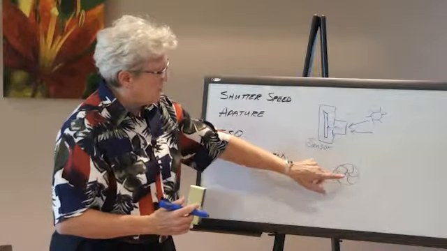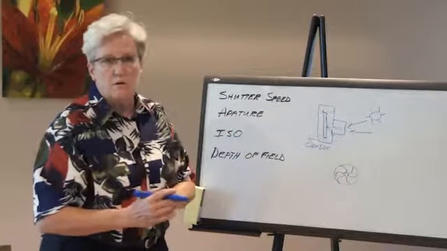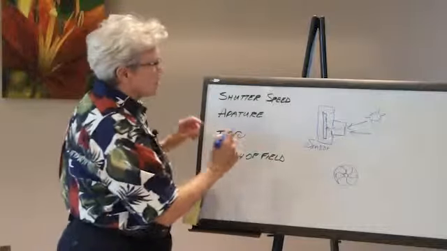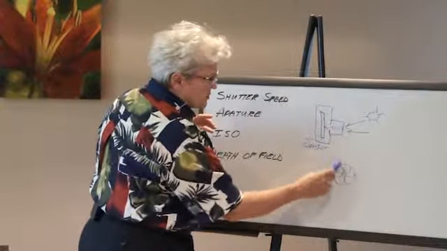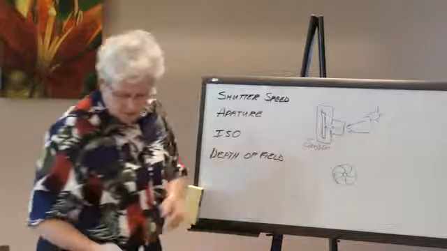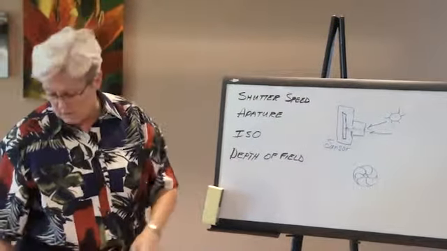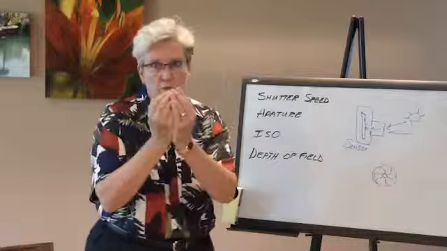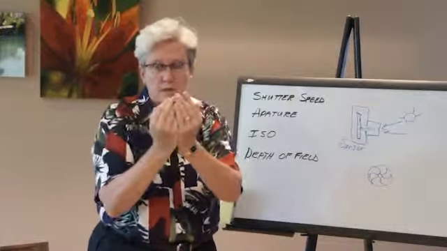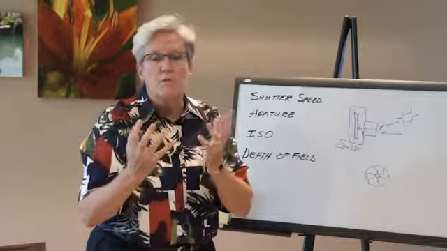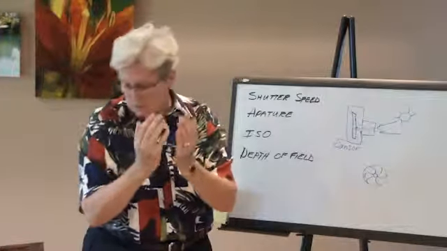And we'll talk about what the hole is here in just a minute. So shutter speed, when it's set, is how fast this thing that's right here called the shutter can open and close when you click the camera. So does it go like this, or does it go like that? And it all depends on what you get for an image with what you have that set at.